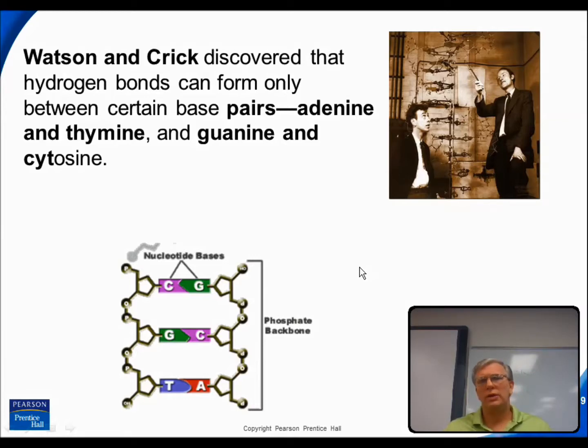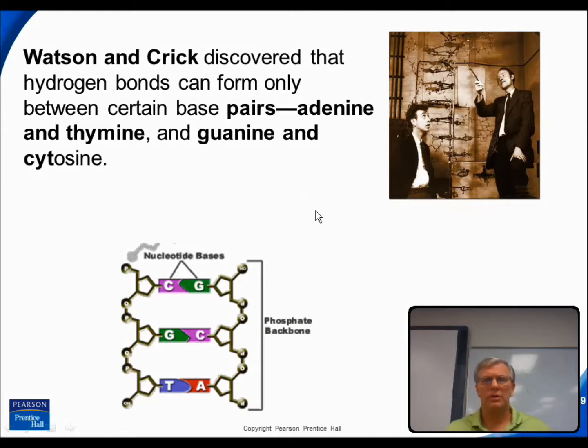Watson and Crick realized that there are hydrogen bonds that form between these bases. And these hydrogen bonds can form only between certain base pairs. In other words, adenine can only bond with thymine, and guanine can only bond with cytosine.